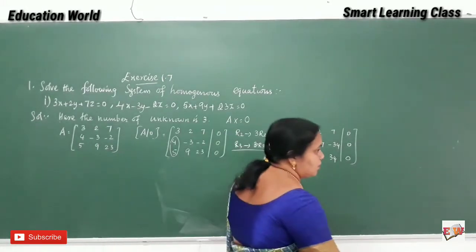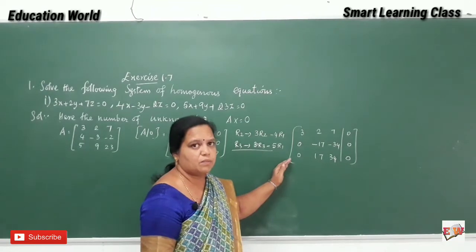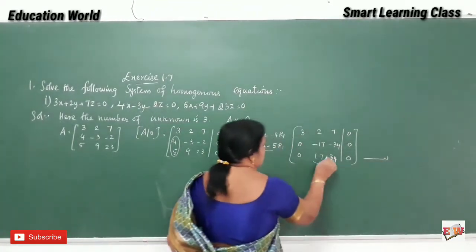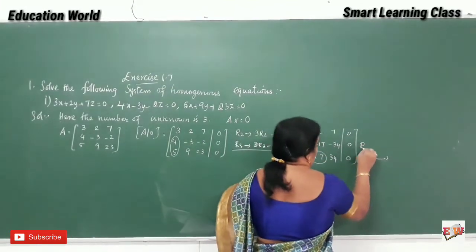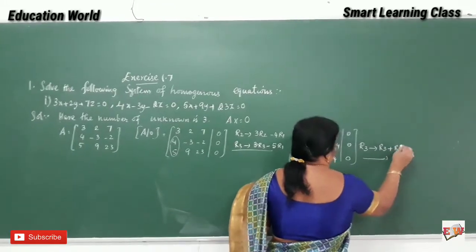We brought the entries below the pivot element in the first column to 0. Then this term should be 0, so R3 gives R3 plus R2.